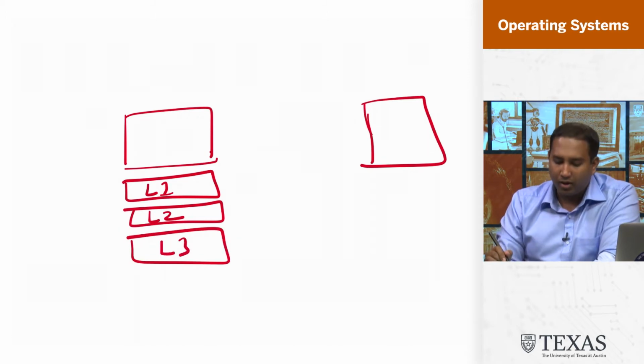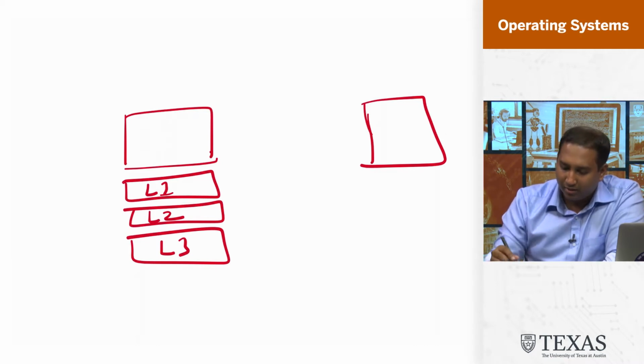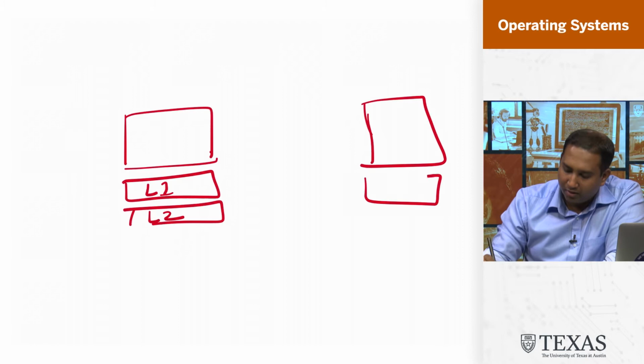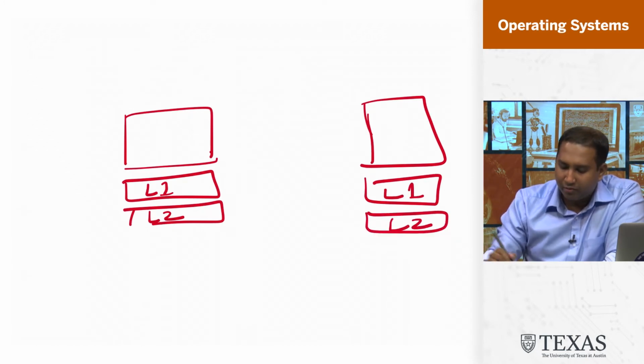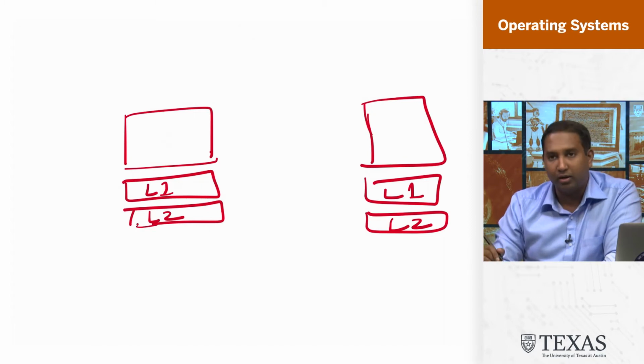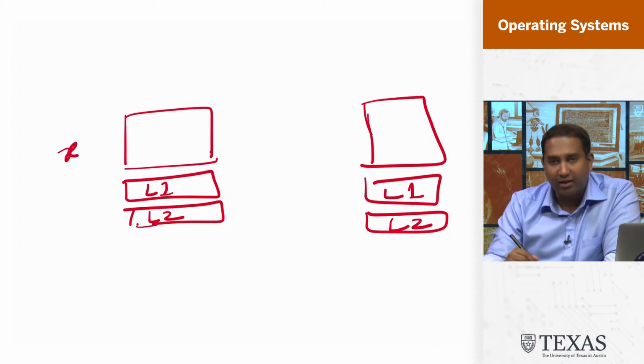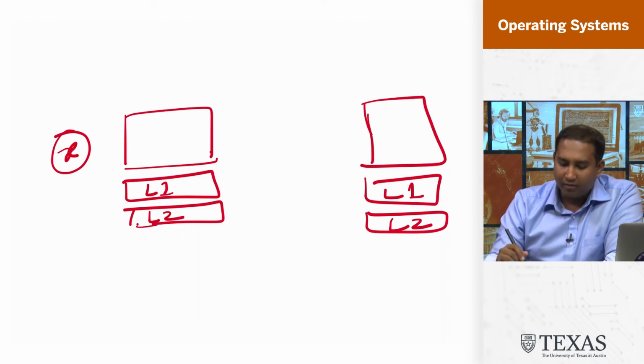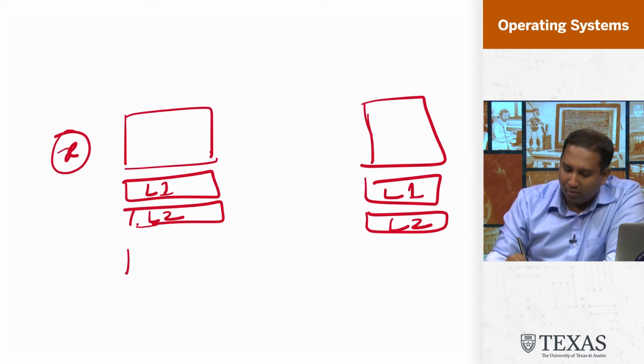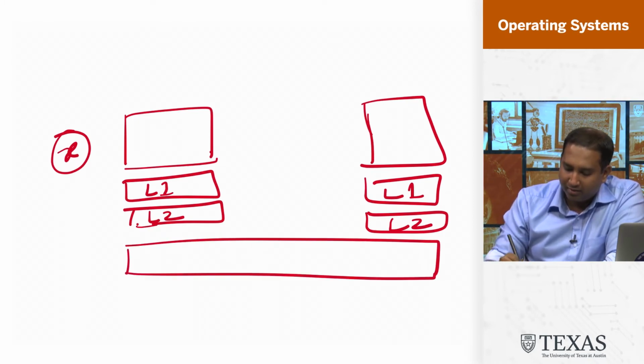These are private to each core, so each core will have its own L1 and L2 caches. These are really fast caches. For example, if you are accessing a variable X and it's in cache, that's really fast to access, like a few cycles. You will also have what is called a shared last level cache.